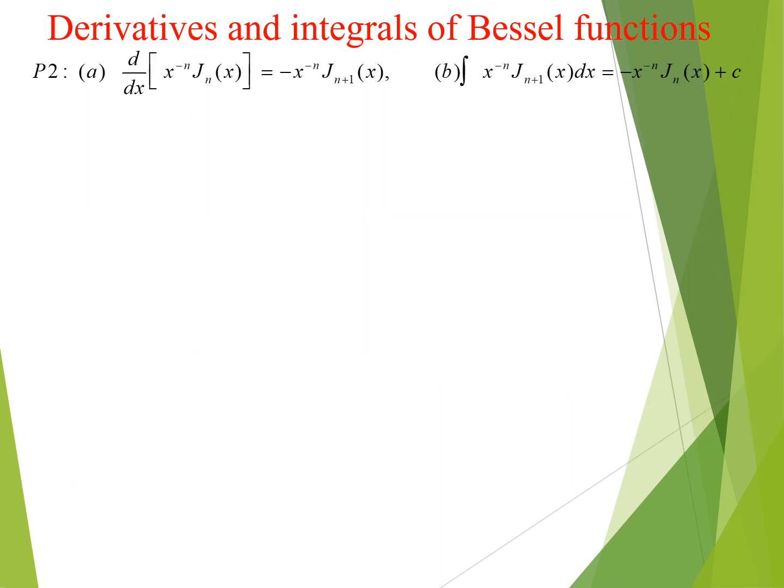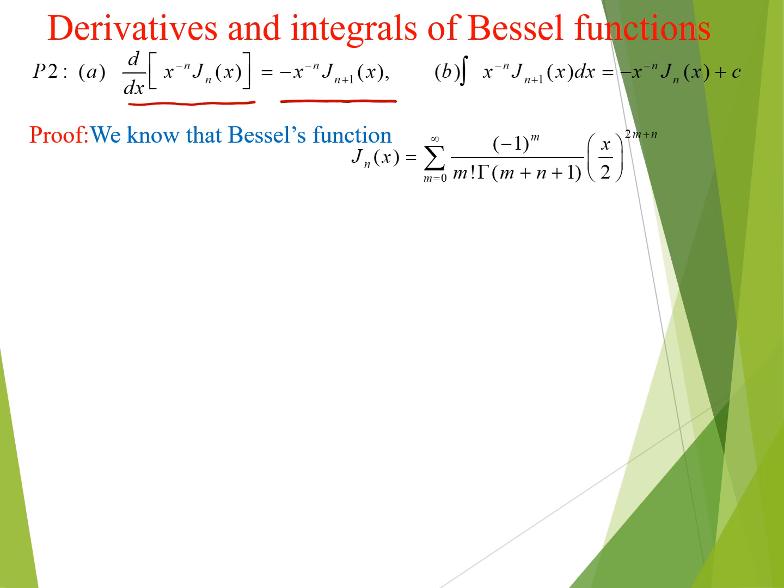Now for the second proof, that means the derivative with respect to x of x to the power minus n Jn is equal to minus x to the power minus n J of n plus 1. Now by using Bessel's formula again, that is Jn x is equal to the summation from m equals 0 to infinity of (minus 1 to the power m) over factorial m gamma m plus n plus 1, times (x by 2) to the power 2m plus n.